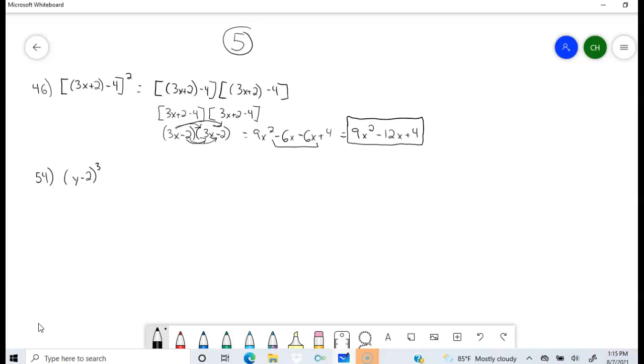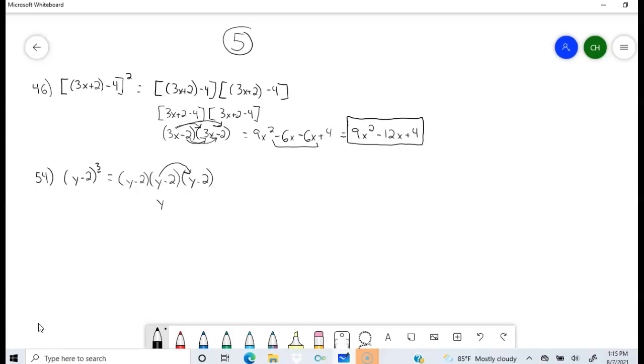Alright, number 54, same concept, one extra step. It is now cubed, y minus 2, y minus 2, y minus 2. We're going to have to start off with two of them first. So we'll pick these two.